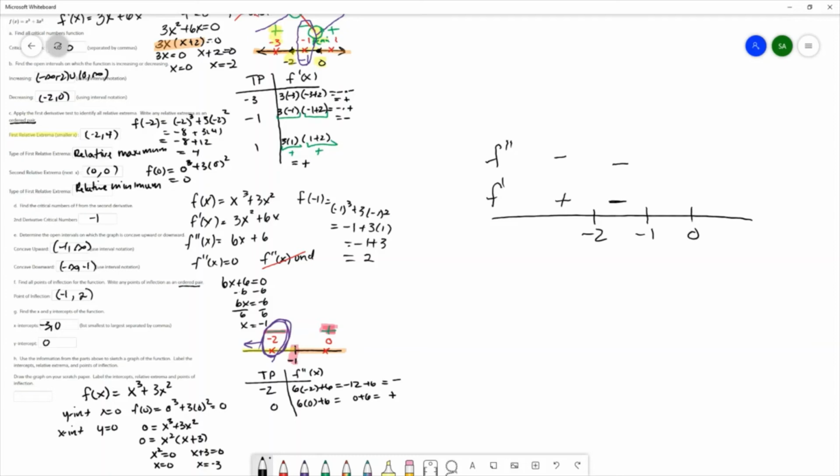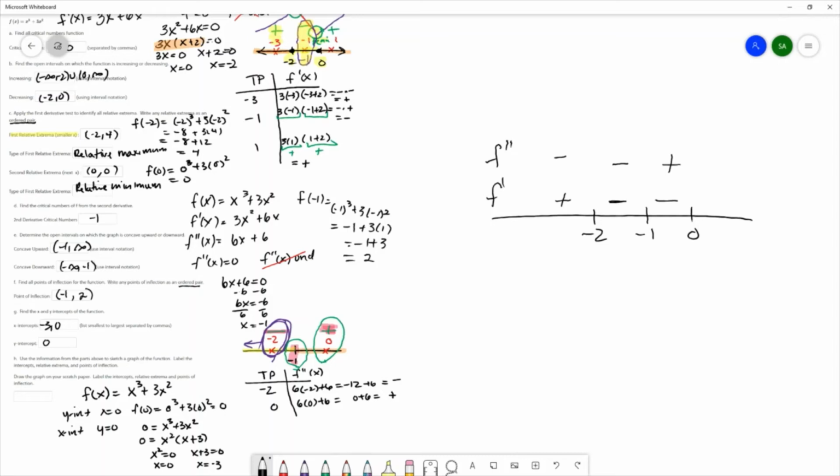Then to the right of -1, but before 0, I can see that for my first derivative, I got negative, which is decreasing. And for the second derivative, I'm now to the right of -1, so that would be positive, which is concave up.